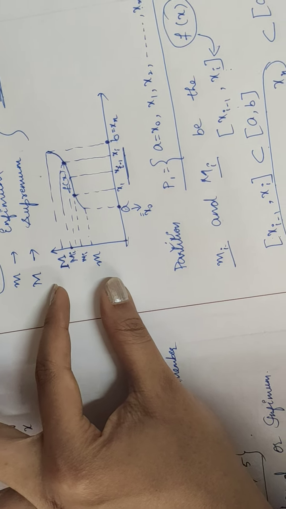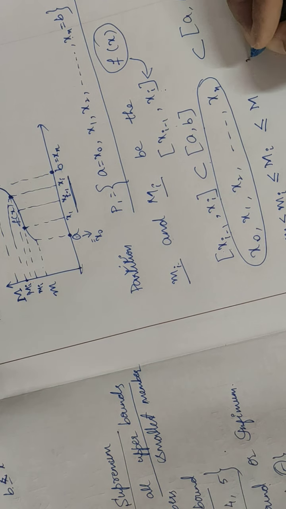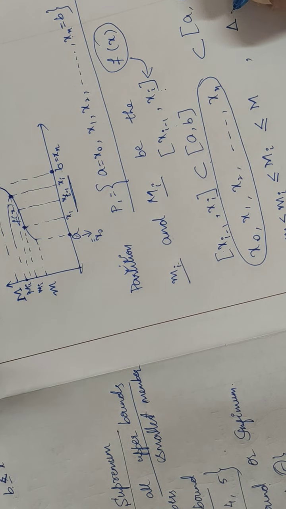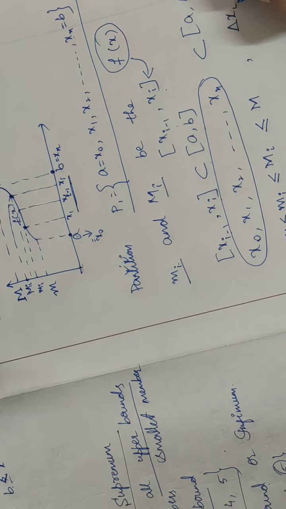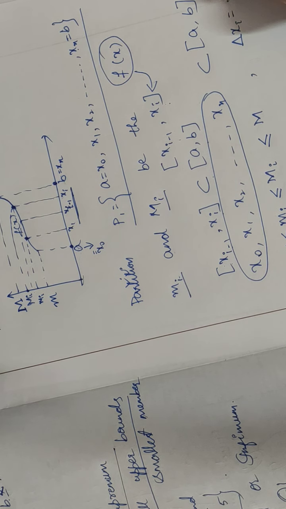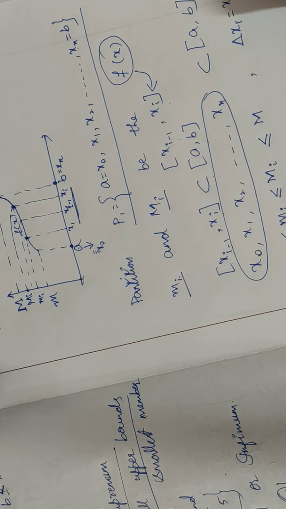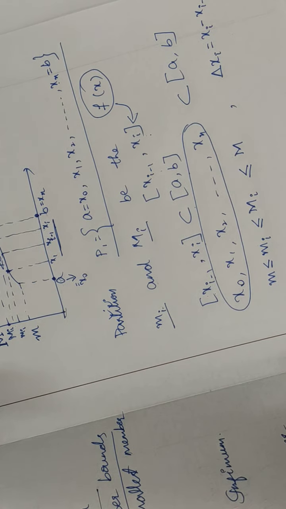Now let us introduce a small change in the interval as delta xi. This delta xi is nothing but xi minus xi minus 1.